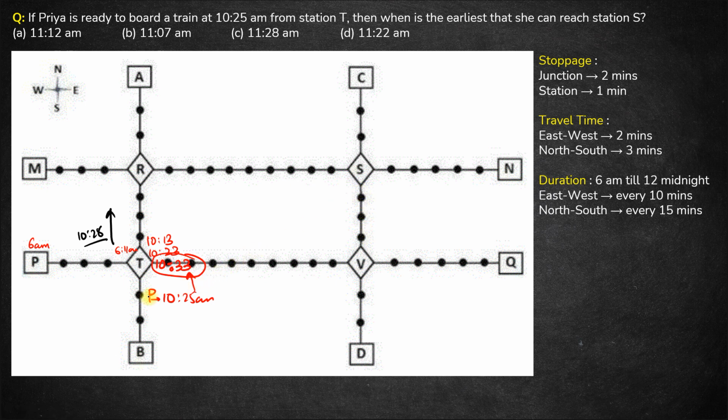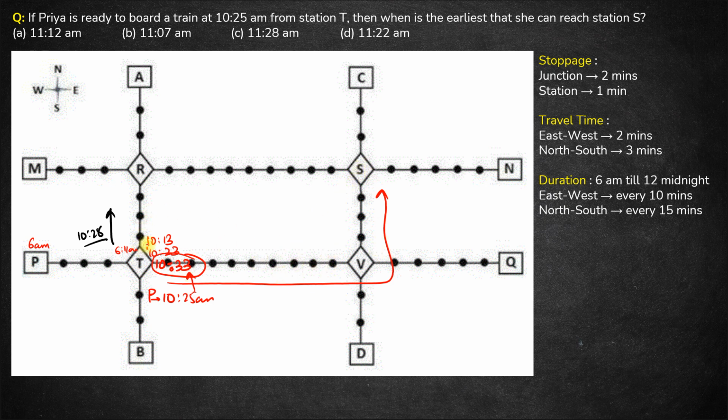Also consider one thing. When Priya was taking the first route, she did not have to wait at R to change trains. She reached R at exactly 10:43 and she found a train to go from R to S at 10:43 itself. So there was no waiting time at R. Even if you consider that there is no waiting time at V, understand one thing: the total traveling time and the total stoppage time at these stations is going to be the same.